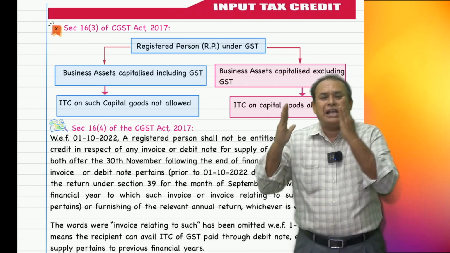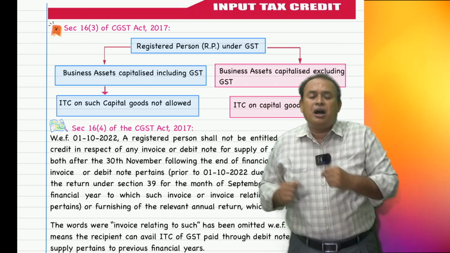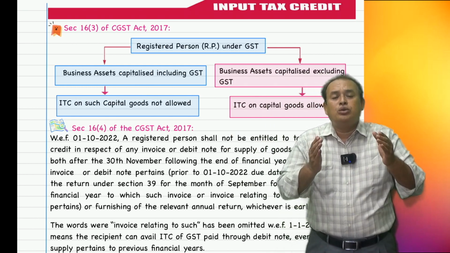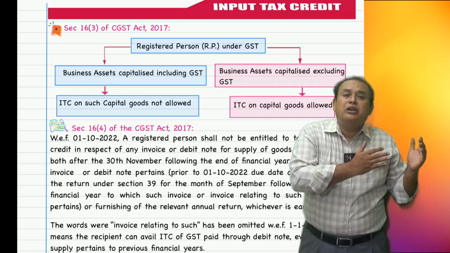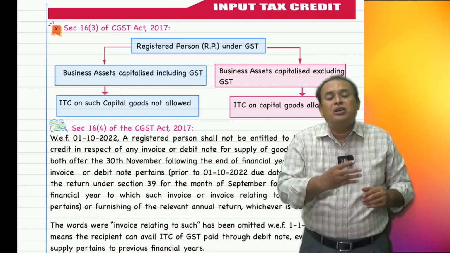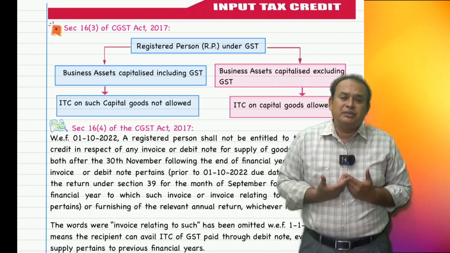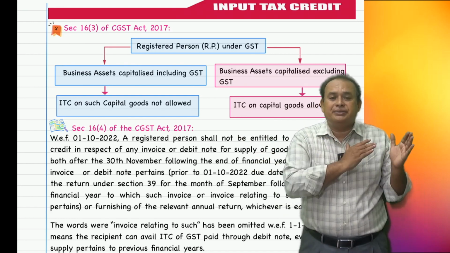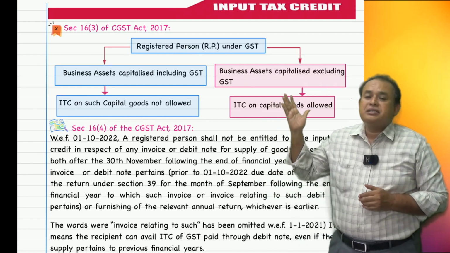You can decide whether you want to capitalize the GST for depreciation under the Income Tax Act, or claim GST on capital goods as input tax credit without capitalizing the GST part for depreciation. It is left to you at your option. Asset to asset you can decide. This is section 16 subsection 3.